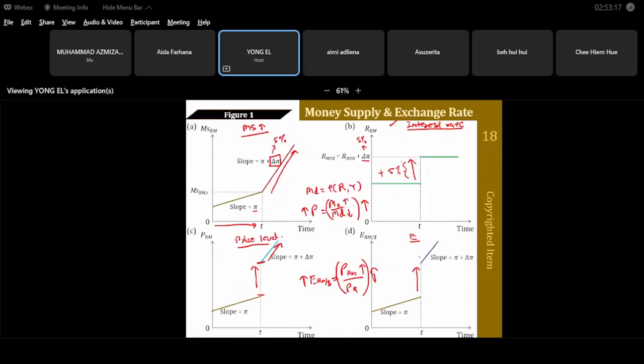Not only that, but the slope becomes steeper. This indicates that continuous money supply growth can cause inflation in the domestic market, and also in the international market the Malaysian ringgit becomes weakened, meaning it depreciates against the US dollar. It's depreciation, right?